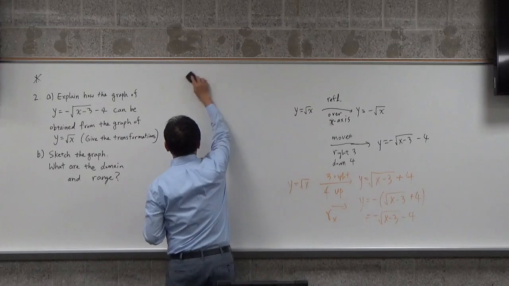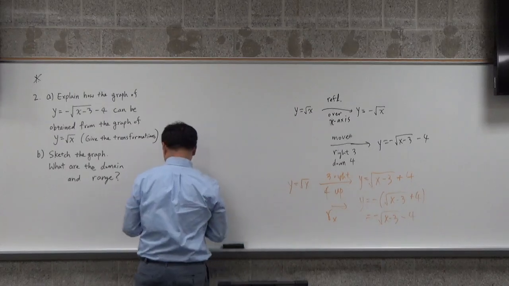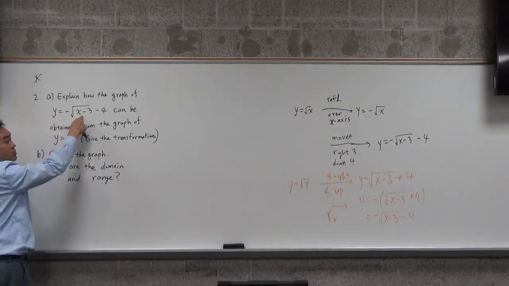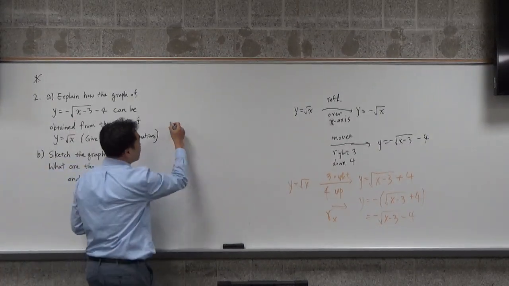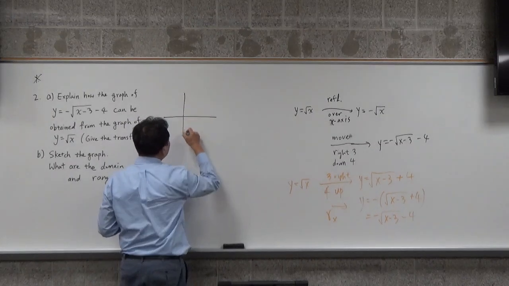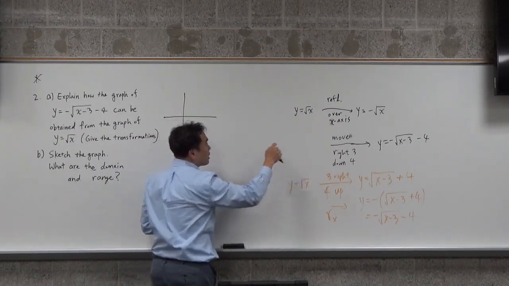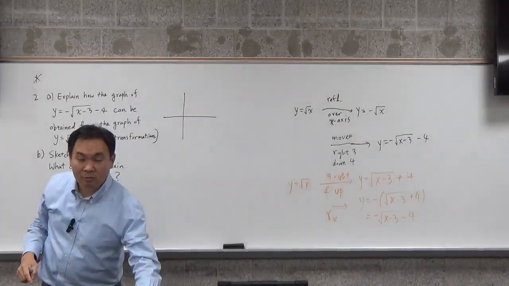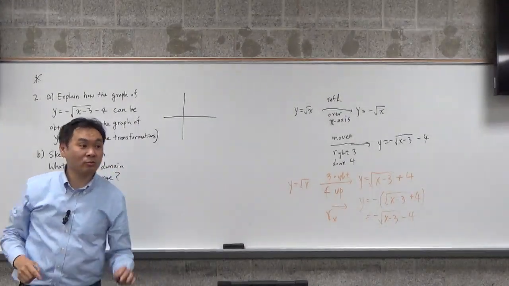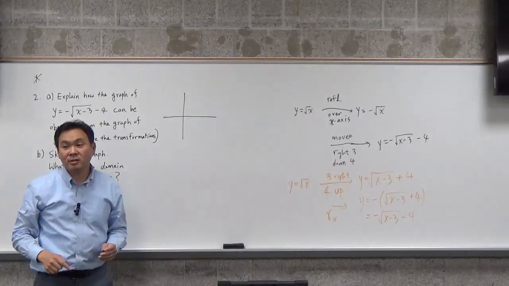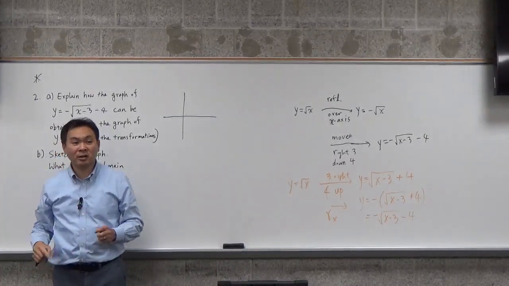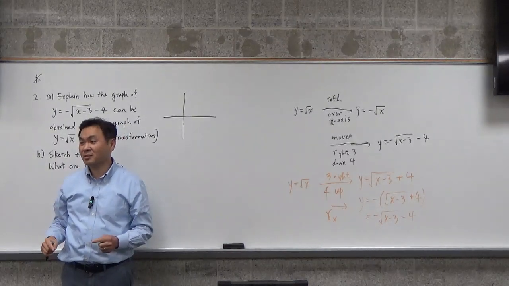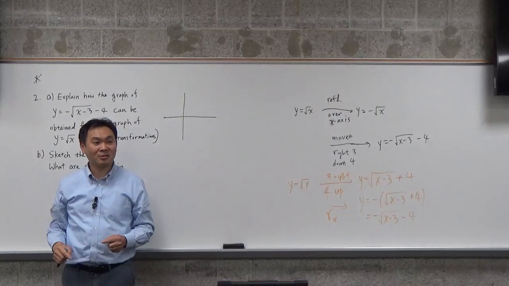Now let's see how you can draw the graph using these transformations. It's asking us to draw the graph of this function. You have to start with the graph of y equals the square root of x, which is one of the graphs that you have to memorize. Can you draw the graph of the square root of x in the air? Try to draw it.